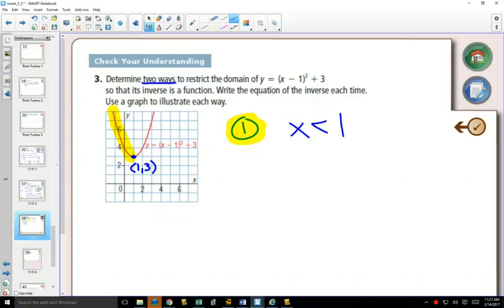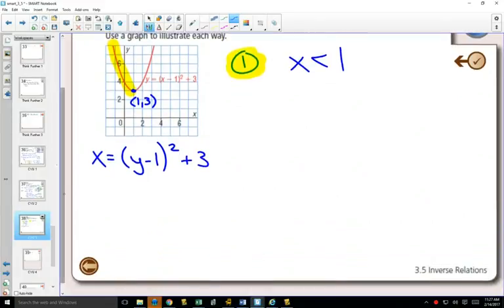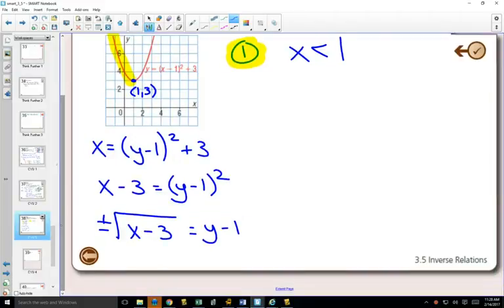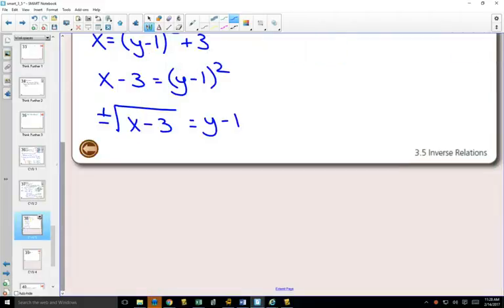Now, finding the equation of the inverse is where you switch the x and the y. So if I did that, I would get x equals (y minus 1) squared plus 3. And if I solved for y, first I'll get the squared by itself by subtracting 3 on both sides. Square root both sides. Don't forget the plus or minus. And add 1 to both sides.